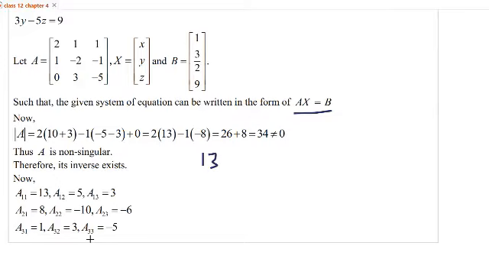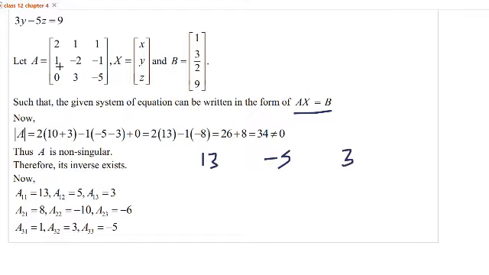You do it at your own speed. I am doing it slowly to explain so that everybody can understand it. I'll hide this one by row and column: minus 5 minus 0, that is minus 5. According to the sign convention, later on we'll change the sign of this element. Hiding this one by row and column: 3 minus 0, that is 3.